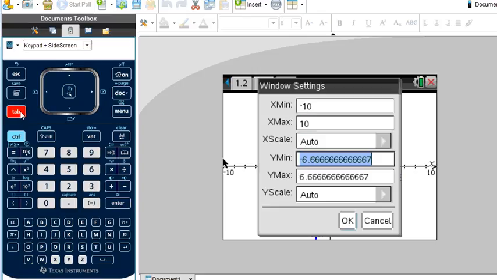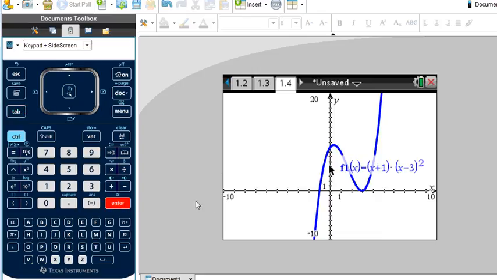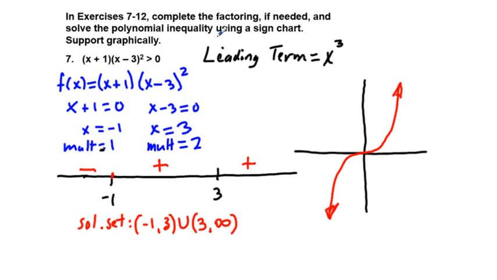I'm going to come down here to negative 10 and 20, and press enter. So we see that the function value is going to be greater than 0 between negative 1 and 3, and again from 3 to infinity. So our sign chart has not led us astray, and we are confident of our answer, supported graphically.